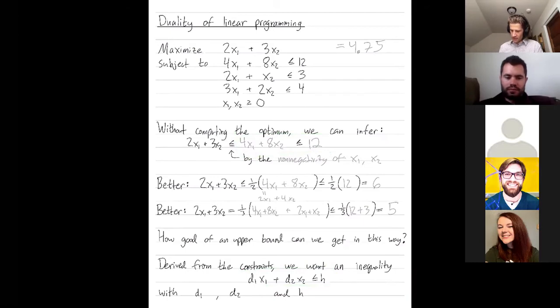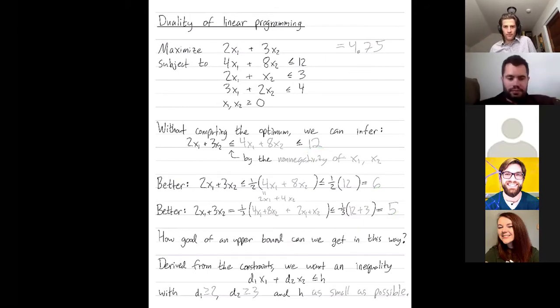We wanted d1 to be at least 2, so that I could get an inequality here. I needed d2 at least 3, so that I could get an inequality here. And what did I want h to be? I wanted h as small as possible, just to get the best upper bound I could find. So first I found an h of 12, and then 6, and then 5.